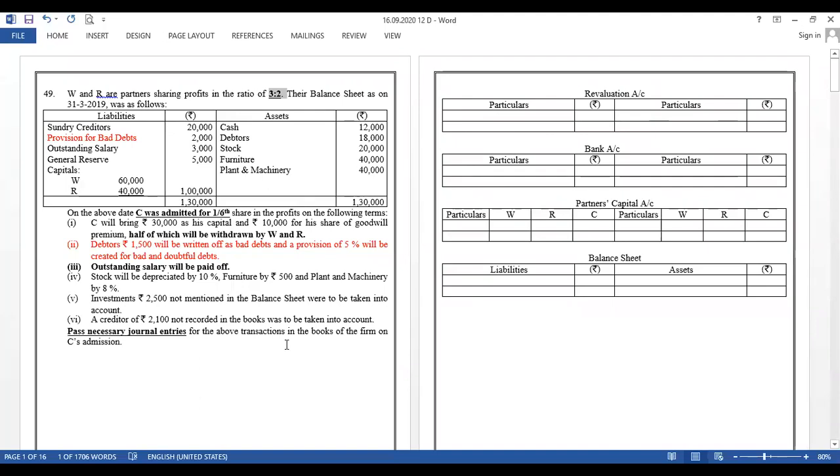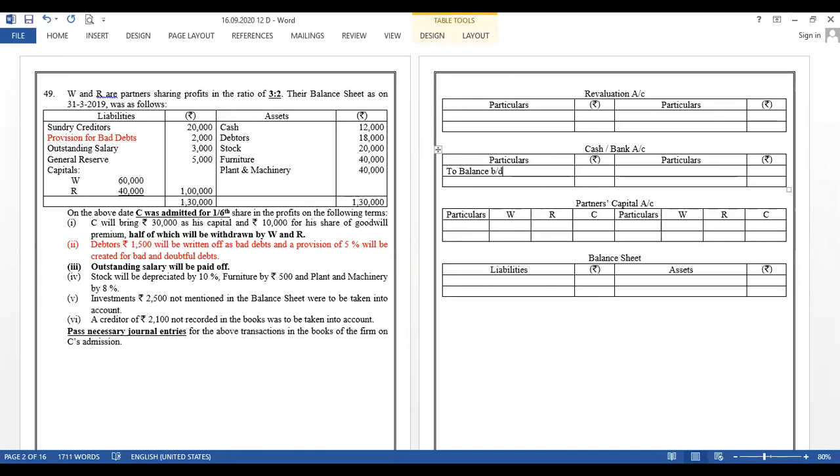The first adjustment is that C will bring 30,000 as his capital. But before I start with the adjustments, let me write something in advance. In the bank account, which is the bank balance, I will mention the opening balance b/d every time, along with the amount.